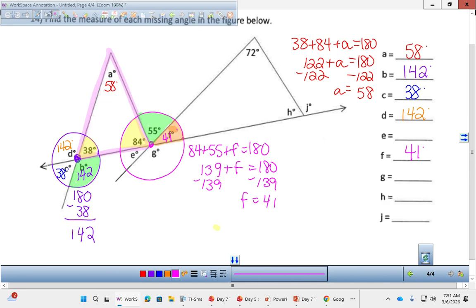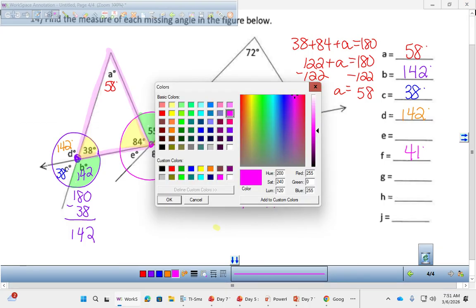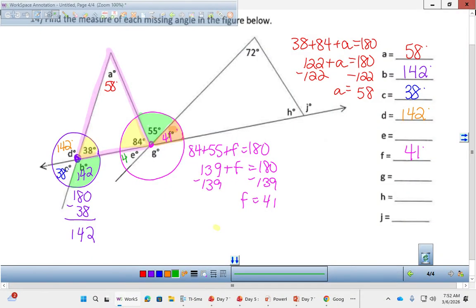Can I get anything from F being 41? How come? Very good. So they're vertical, or you could use that 180 relationship. So, okay, so E is 41. All right. Any ideas on G?